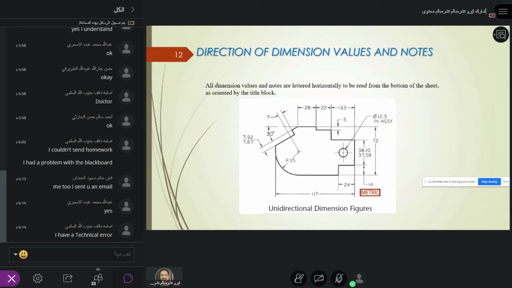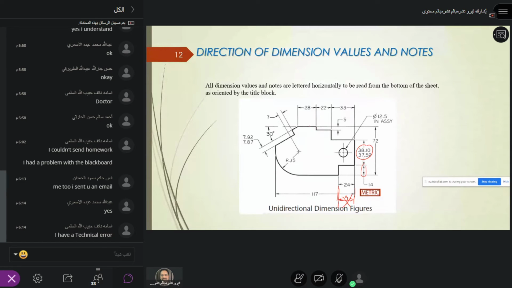So you should never put this dimension like this. This is wrong. If you put 24 here, this is wrong, because these lines should not cut each other. And you see here, the longer dimension is always kept on the far end, preceded by the smaller one, and these are put on the same line to make it clear and neat.